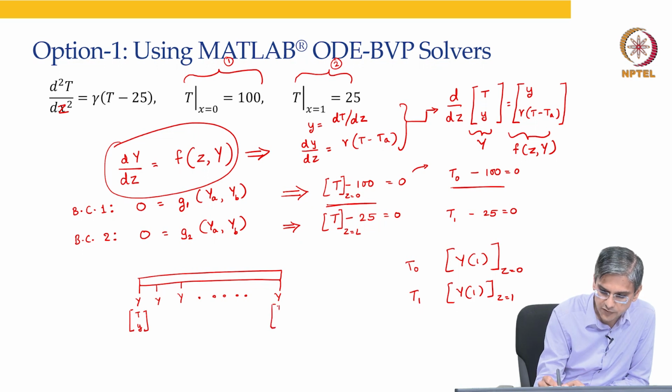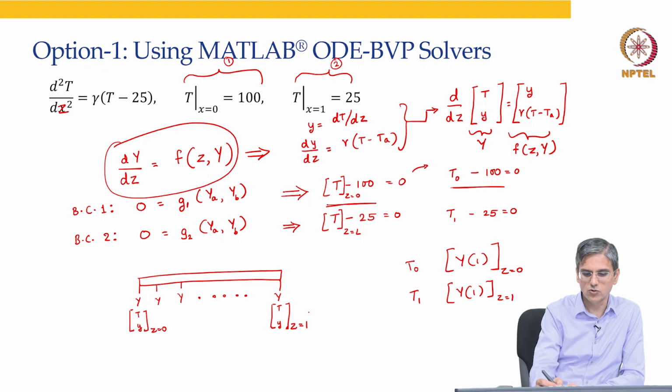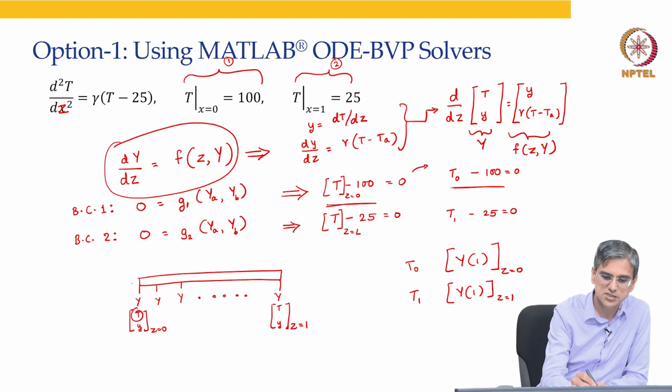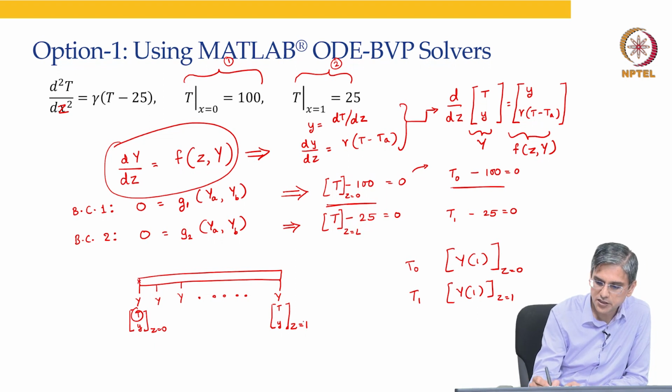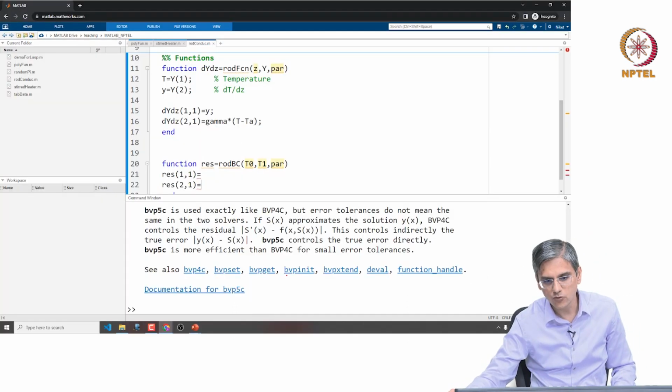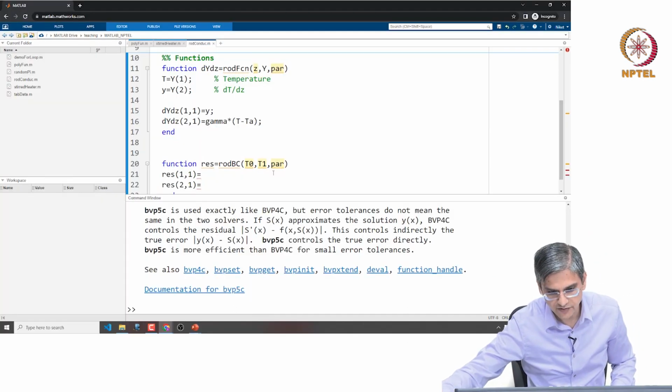This is at location z equal to 0, this is at location z equal to 1. T minus 100 is the value at this point, T minus 25 is the value at this point. Okay. So that is what I should have written.